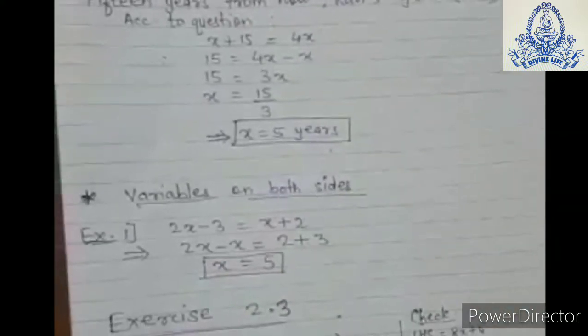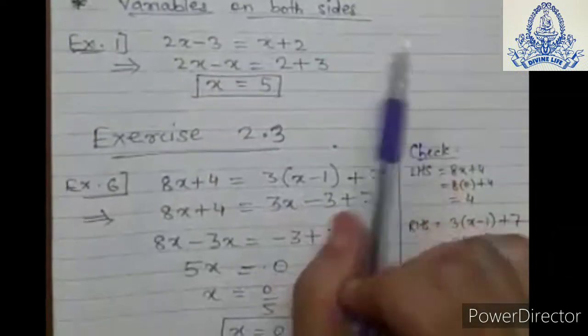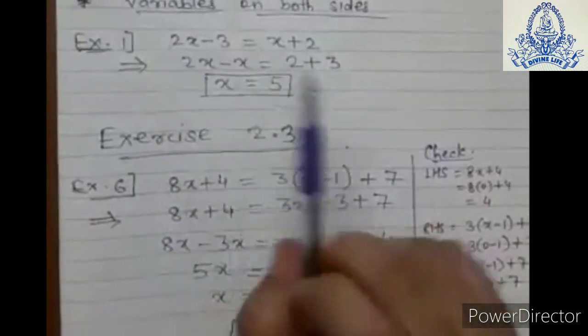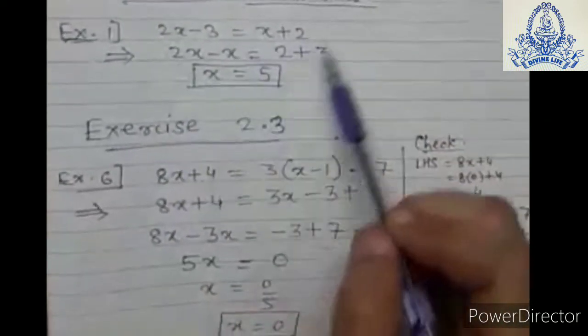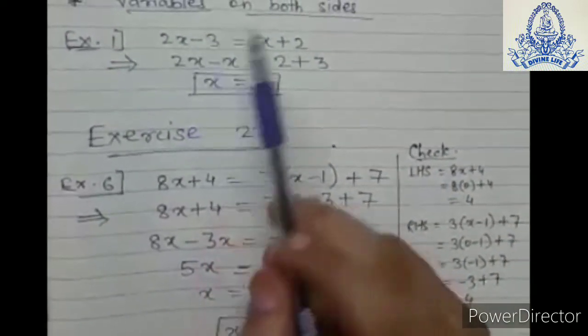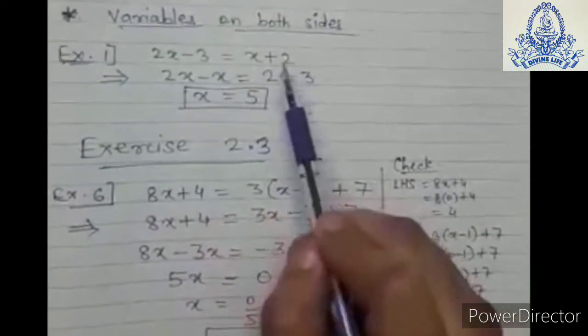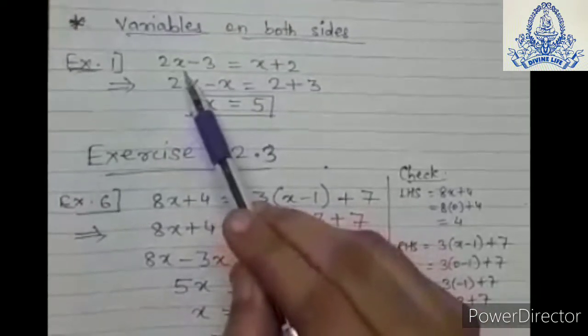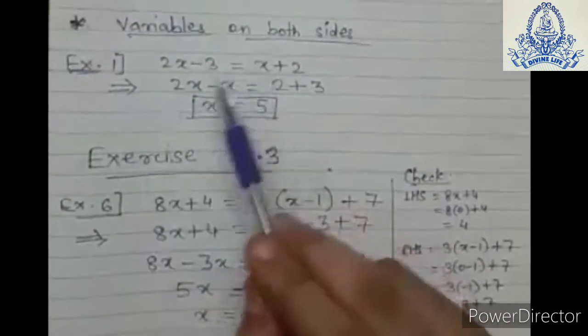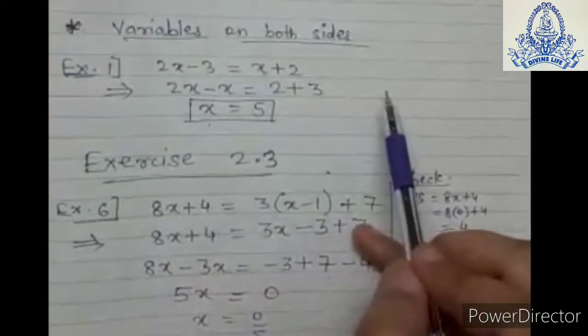Now we will see the type of examples where variables are present on both sides, on the LHS also and the RHS also. This is also one of the solved examples in your textbook. The example is given: 2x minus 3 is equal to x plus 2. Here the x term is there, and here also the x term is there. So what will we do? We will bring the x terms together and the constants together.